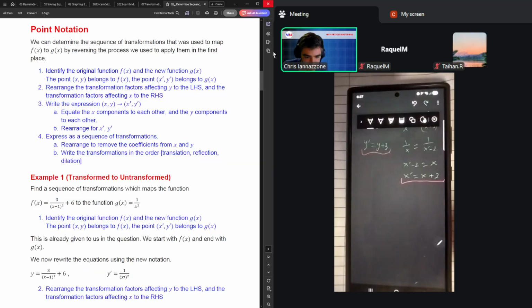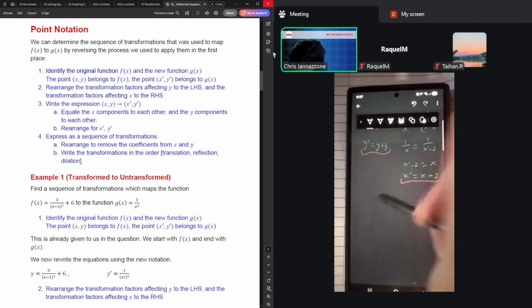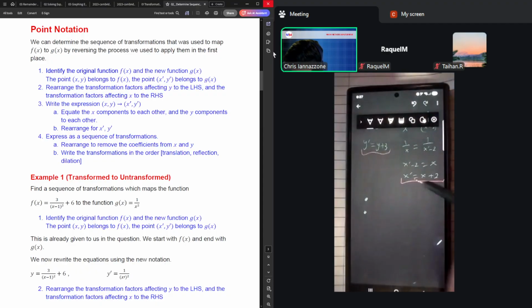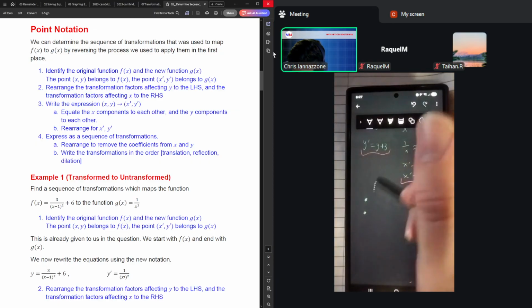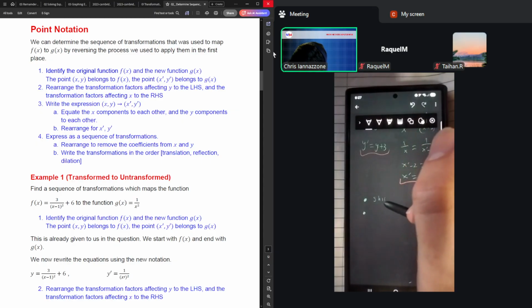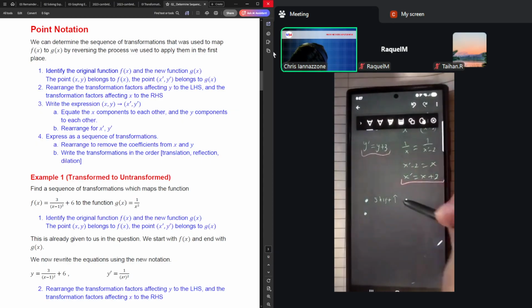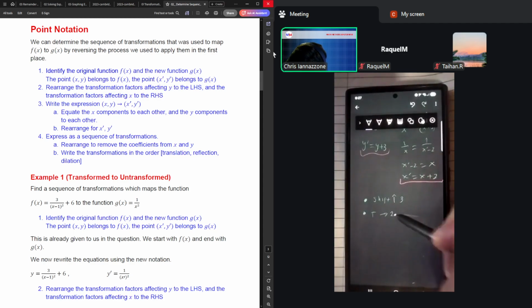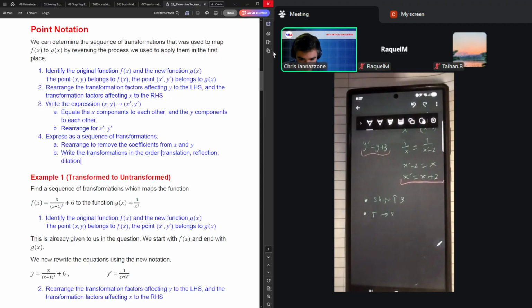It said find a transformation. There is no English way to describe this in a single transformation. This, in English, if you were to say it, would be a shift or a translation up by 3 and a translation right by 2. Two separate things. You can't say that in a single sentence.